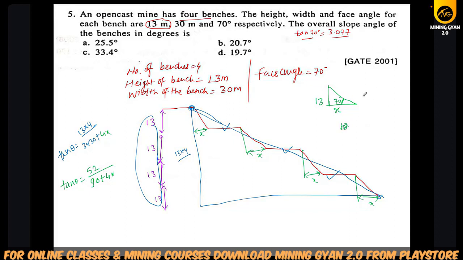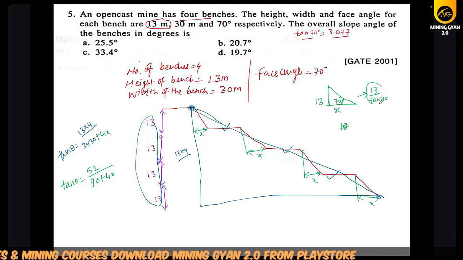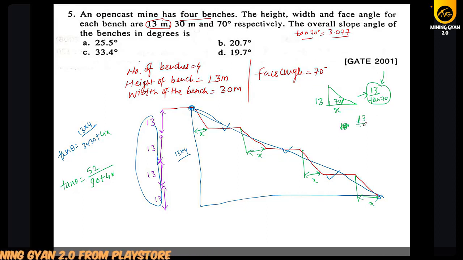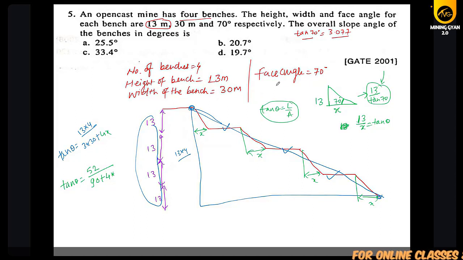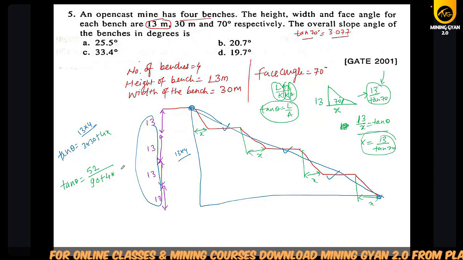If you want to calculate directly, then 13 divided by tan 70. In the examination you have to do this, but for your understanding, 13 divided by x is tan theta, because tan theta is perpendicular by base. The trick is the sine, cos and tan trick. So from this you can calculate 13 by tan 70 degree. Put this here.